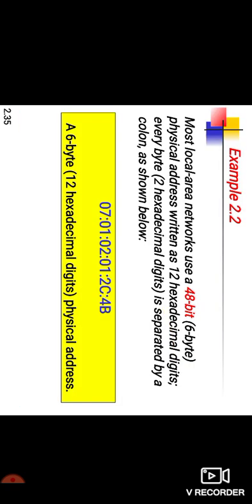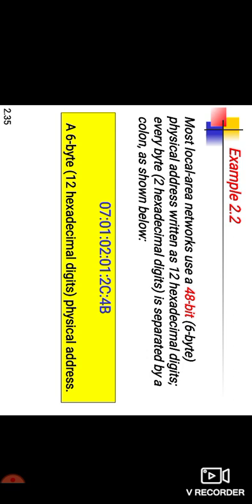Then the next one is the physical address format. Most LANs, that is the Ethernet topology you see on a LAN, use a 48-bit physical address written in 12 hexadecimal digits.